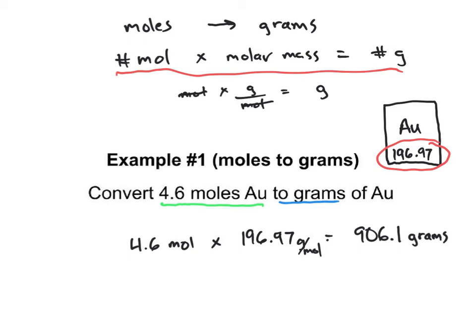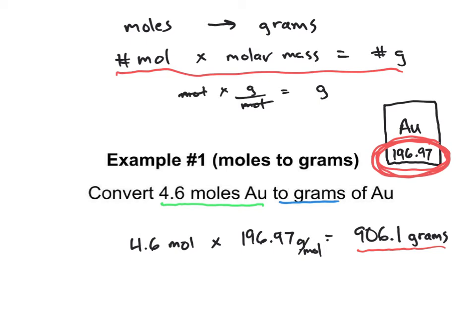So if we weighed out 4.6 moles of gold, it would equal 906.1 grams. When it's a single element, all you have to do is multiply by the average atomic mass, which is the molar mass of a single element.